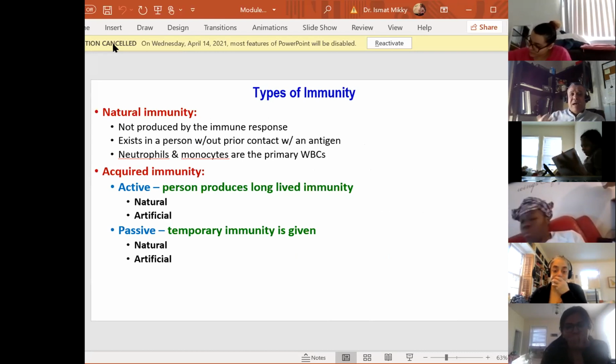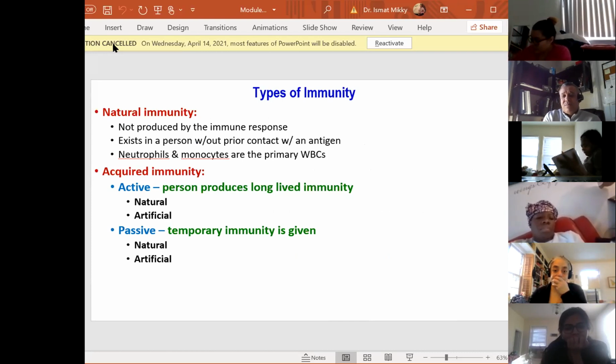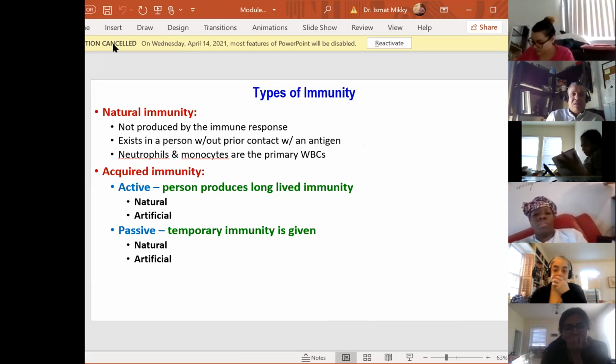So we have immunity, either natural or acquired. We know what natural is. What about the acquired? Acquired can be active or passive. When it's active or passive, it could also be natural or artificial.